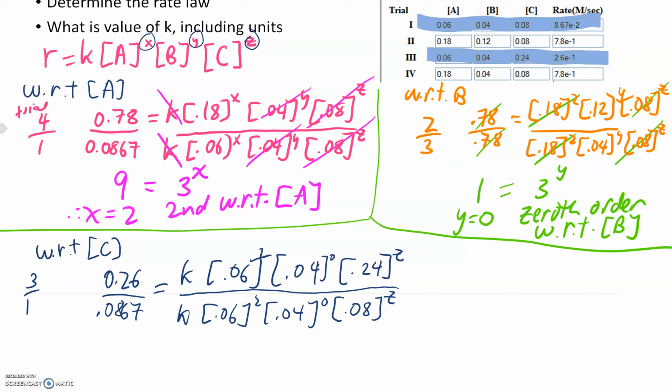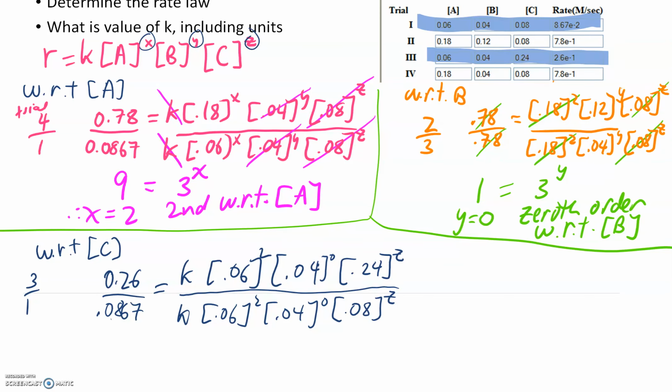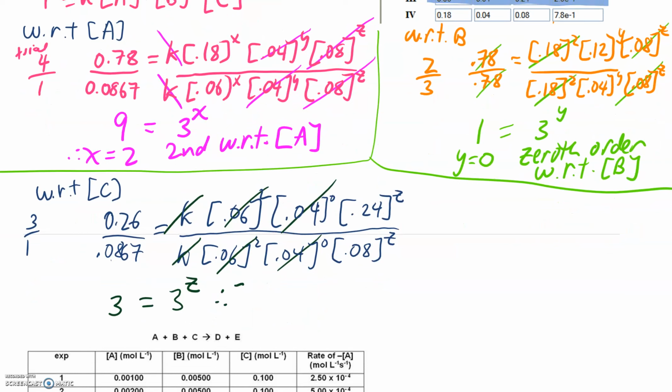You could argue that there's no need to write the B because we established that it was 0th order, but again, you'd have to explain that, so you might as well just do the math. It shows the work and gets to the point quickly. So what we end up getting is 3 equals 3 to the z. The only way that's possible is if z equals 3. Sorry, that's wrong. 3 to the what equals 3? z equals 1. So it's first order with respect to C.